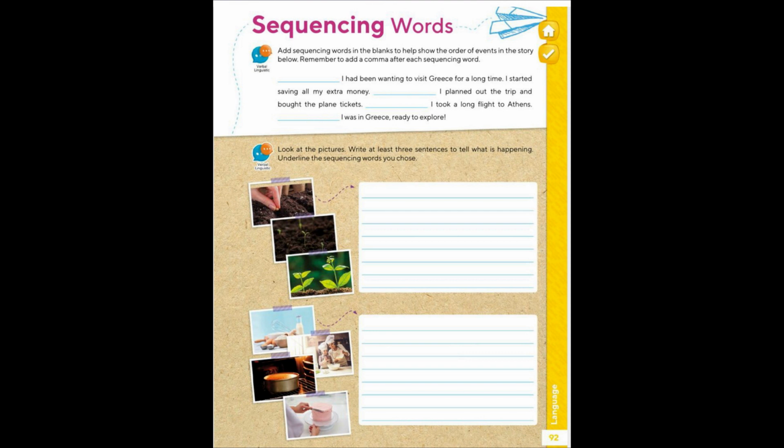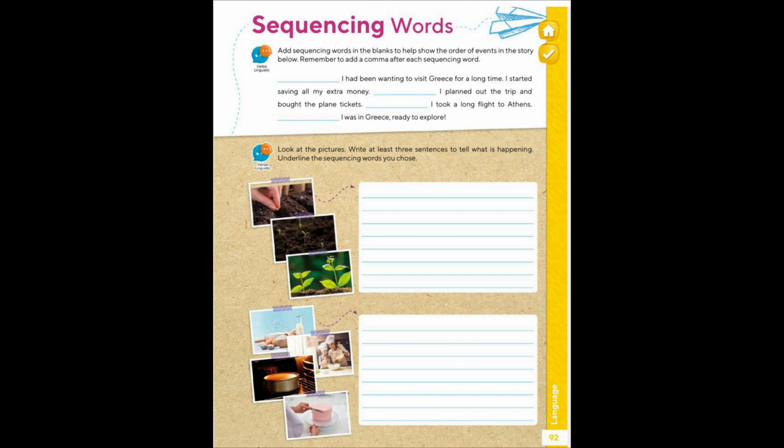What you have to do here is, at the beginning, choose one sequencing word that goes at the beginning. At the end, choose one sequencing word that goes at the end. And then in the middle, of course, read the information in order to know which one fits better, okay?